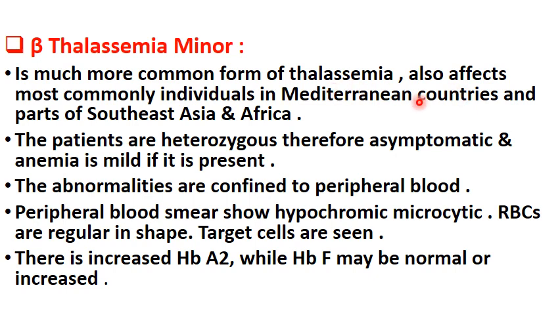Therefore, it is called Mediterranean anemia, because there are many people in the countries around the Mediterranean Sea who are thalassemia minor patients, or rather people, because they are not pure patients, since they don't have symptoms. Most of them are asymptomatic. Other regions such as Southeast Asia and Africa also have the same disease.